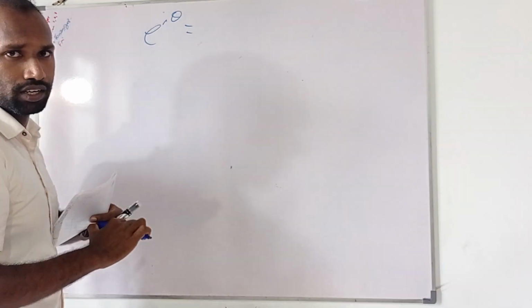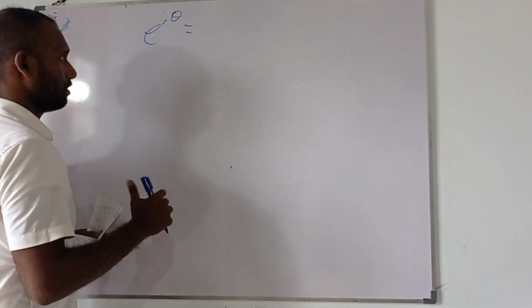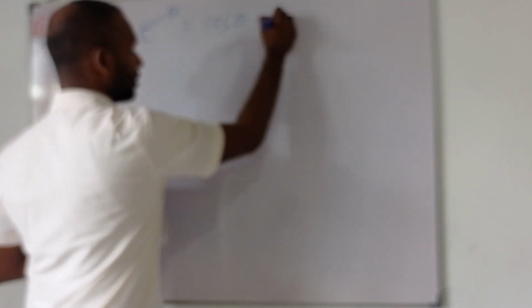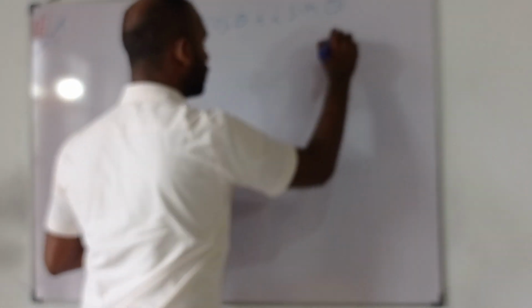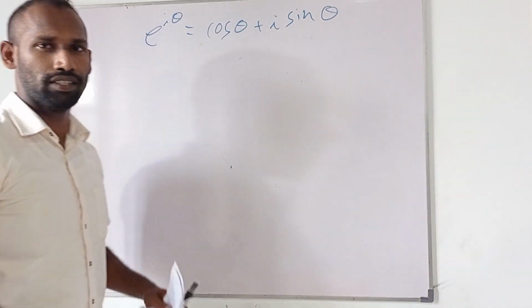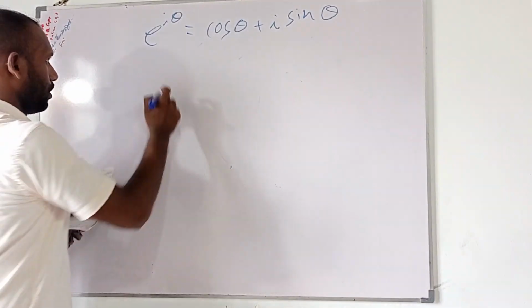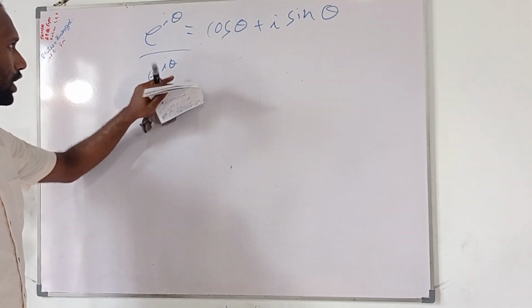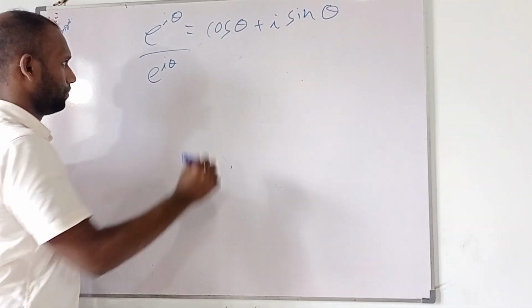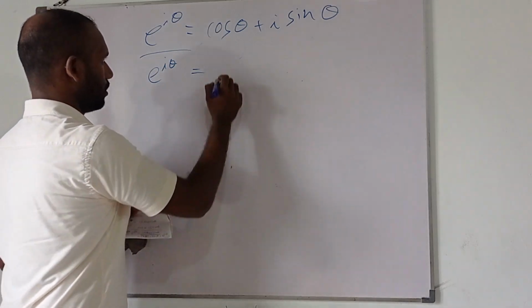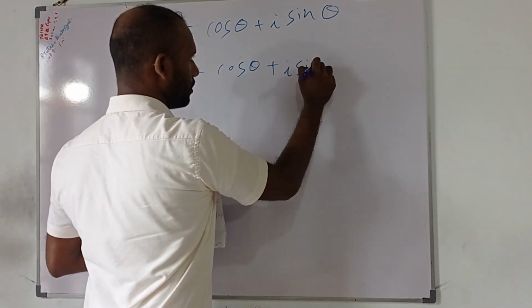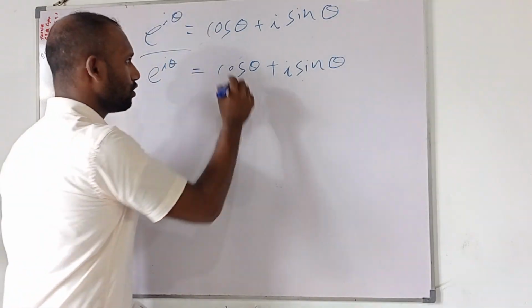e to the power i theta, we know that e to the power i theta equals cos theta plus i sin theta. So the bar of e to the power i theta equals the bar of the whole term cos theta plus i sin theta.